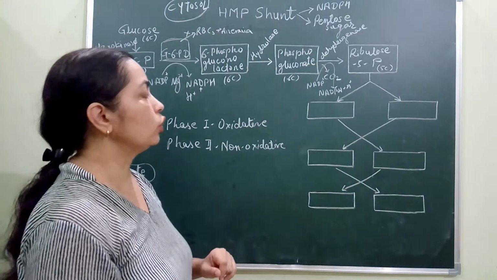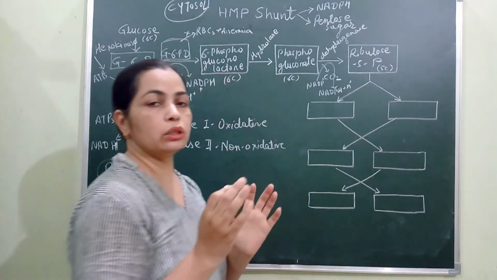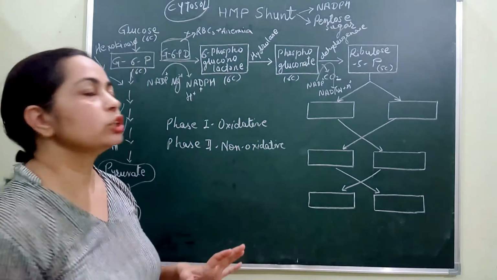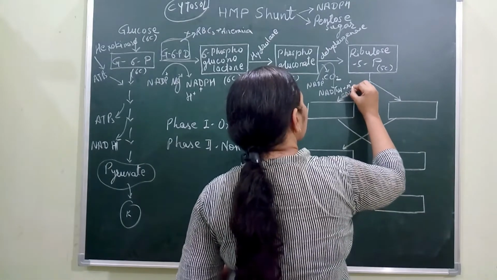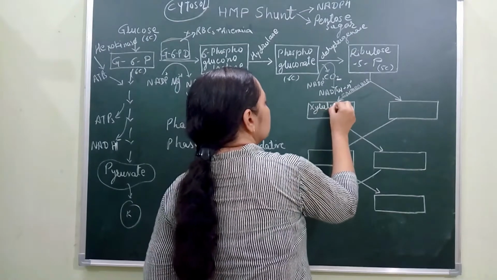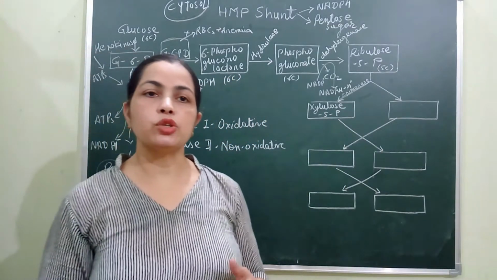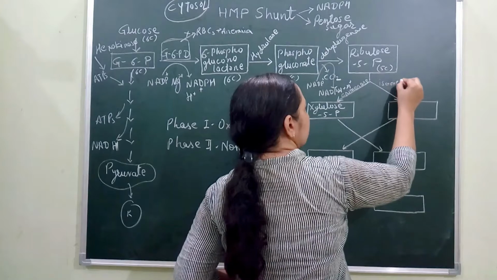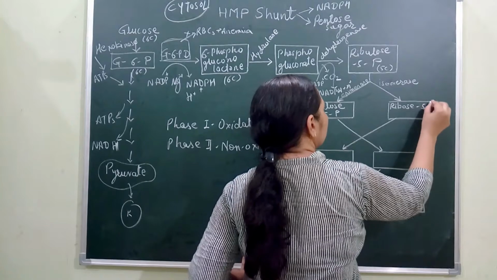So this ribulose 5-phosphate, in the presence of some enzymes which just cause interconversion of the atoms present in it, in the presence of the enzyme ribulose 5-phosphate epimerase, leads to formation of xylulose 5-phosphate, while in the presence of the isomerase enzyme, that is ribose 5-phosphate isomerase, it is going to form ribose 5-phosphate.